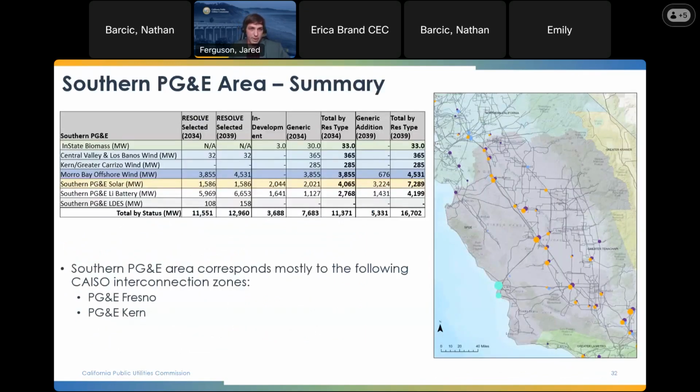This is a comparable summary for the southern PG&E area, so both the San Joaquin Valley and also the Central Coast, and this corresponds to the PG&E, Fresno, and Kern zones.